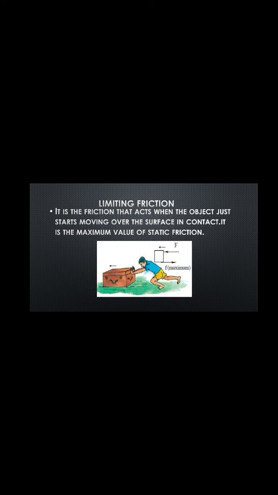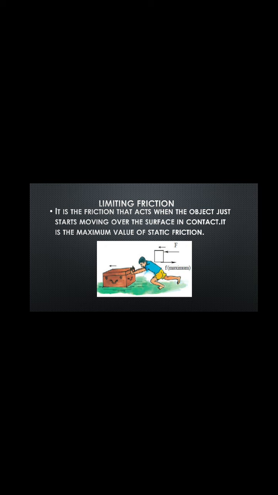The next type of friction is limiting friction. Limiting friction is that force of friction which acts when the object just starts moving over the surface in contact. We can say it is the maximum value of static friction.